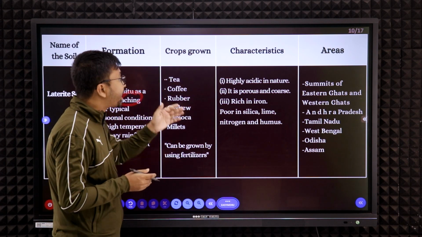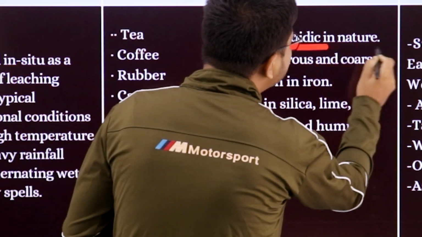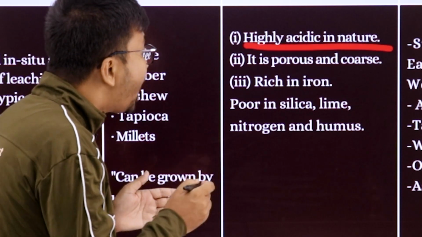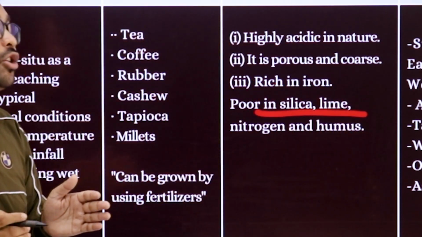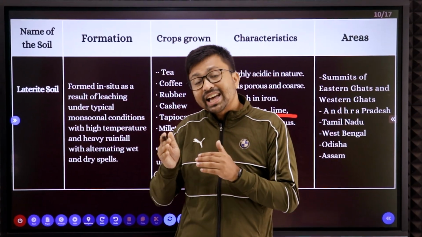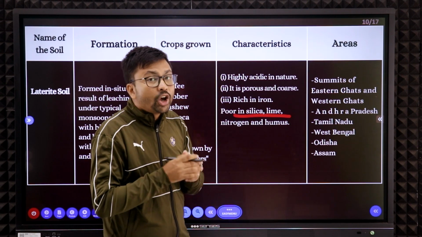Now let's see the characteristics. Laterite soil is highly acidic in nature, porous and coarse, and rich in iron but poor in silica, lime, nitrogen and phosphorus. As I already mentioned, this soil is found in areas with high temperature as well as high rainfall.